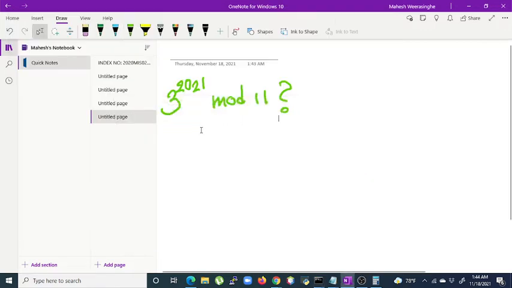So in that scenario, you have to use some kind of algorithm to solve this problem. Let me write the algorithm name in a different color.